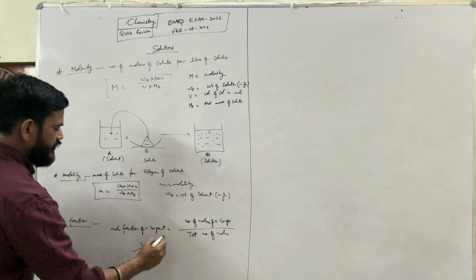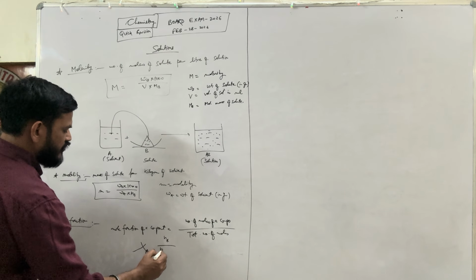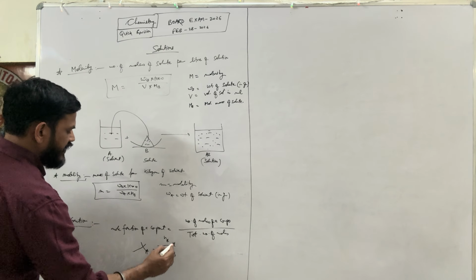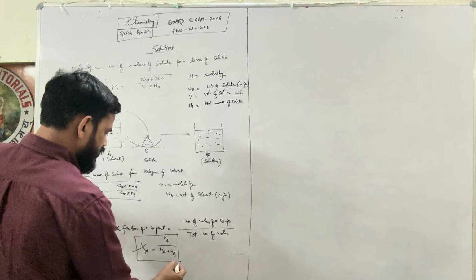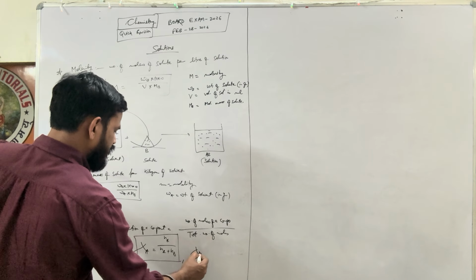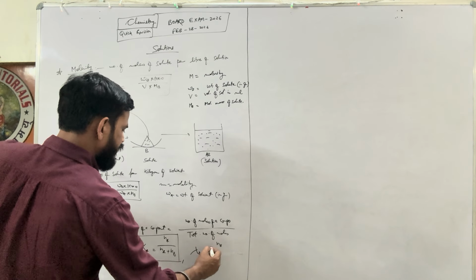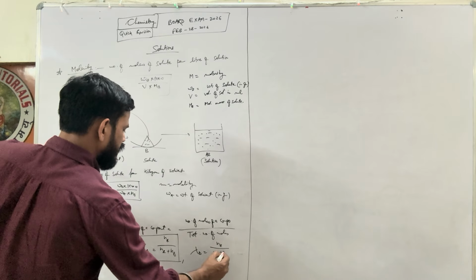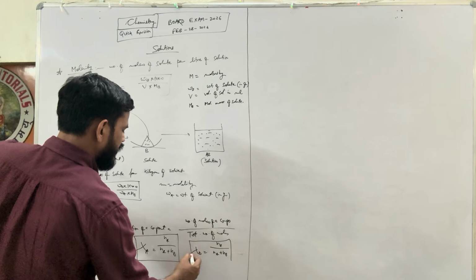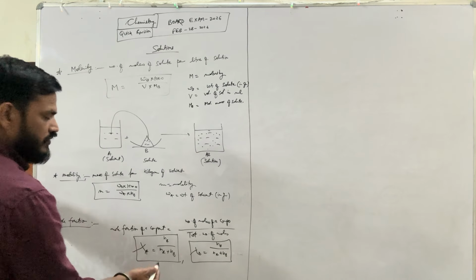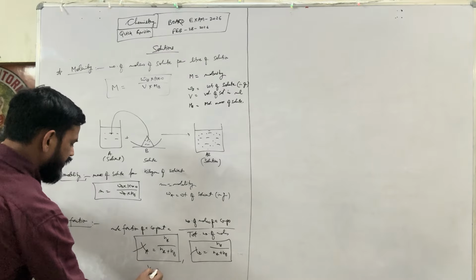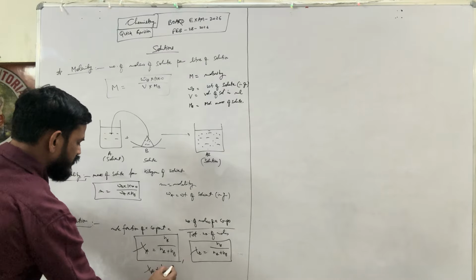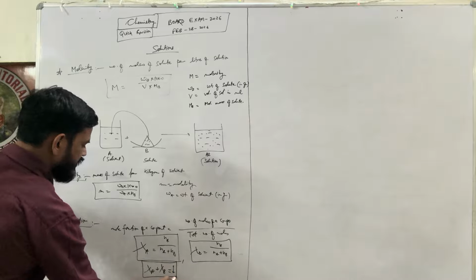Chi A will be number of moles of A by total number of moles. So we have a binary solution: chi A is Na by Na plus Nb. Suppose you want to find chi B, it is Nb by Na plus Nb. What is Nb? Number of moles of B. So if we add them both, chi A plus chi B is equal to 1. That's what we did last time.